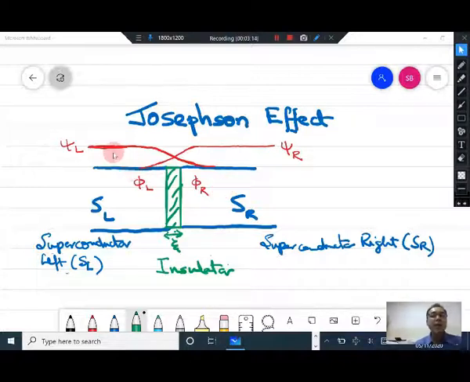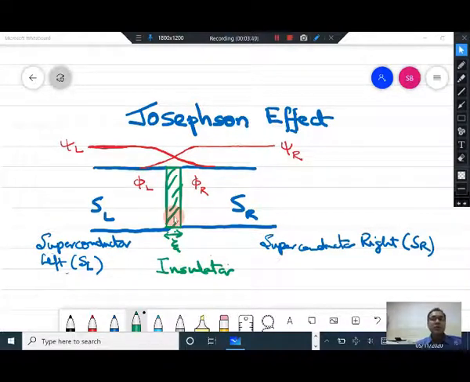Then there can be tunneling of Cooper pairs across this junction, and you can set up a tunneling current which can go from one end of the superconductor to the other, basically because the order parameter leaks from one superconductor into the other across the junction. And there are various effects associated with this.